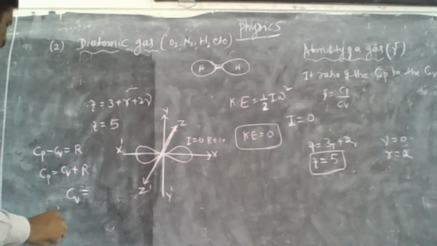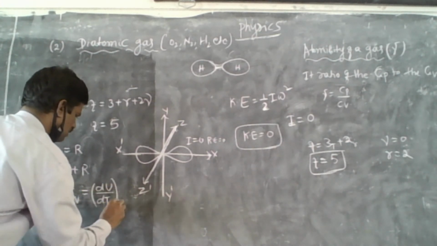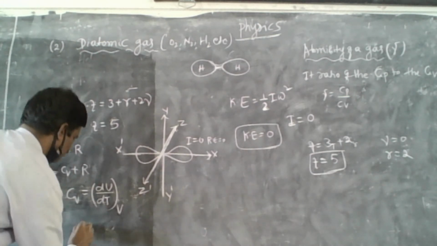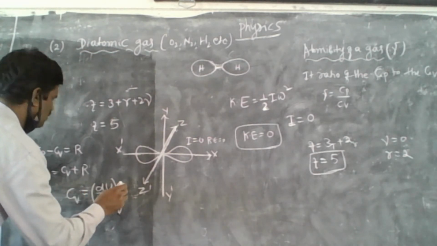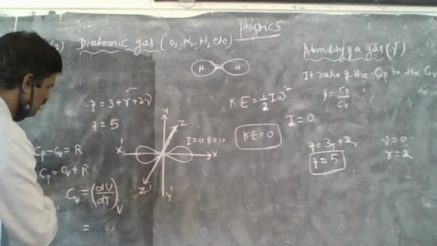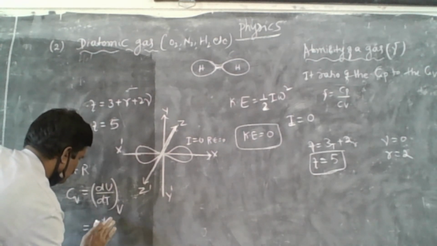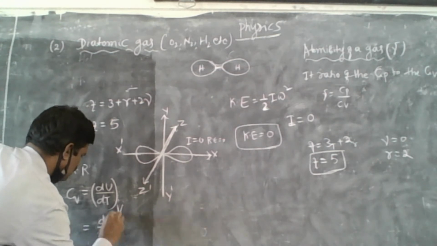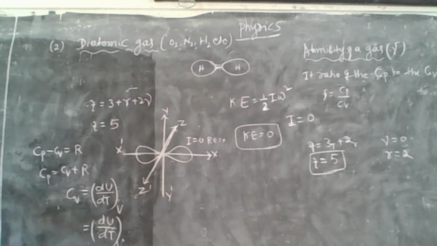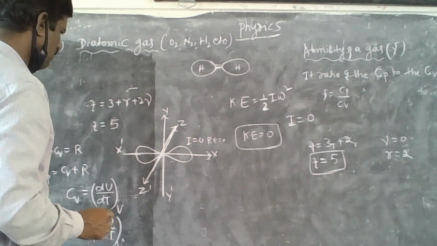We know that Cv is equal to dU by dT at constant volume. Here the total degrees of freedom is 5.